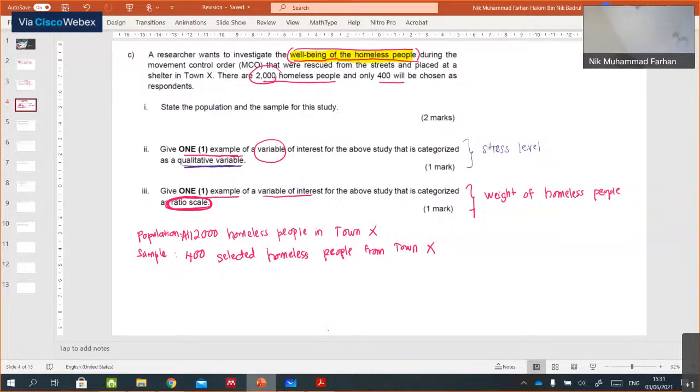And this one, because ratio scales can be measured, for example, number of meals taken. So these are all the well-being of the homeless. Number of meals taken a day, daily. Something like this. So this can be the answer. You have to give the example. If you don't give the example, then I cannot give you marks.